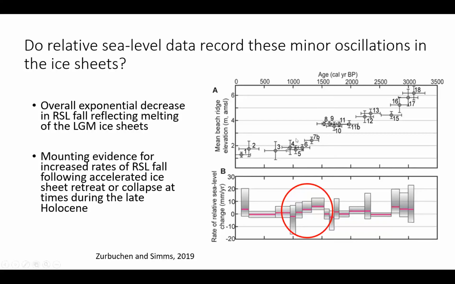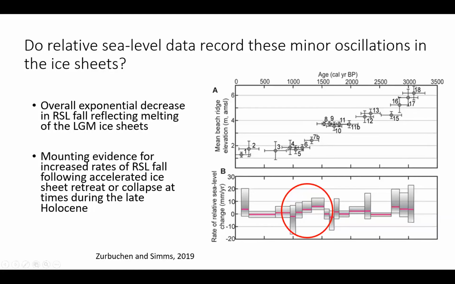But because Antarctica contained ice, as that ice melted, it rebounded quicker than sea level globally rose. As a result, we generally get the curve shown here on the upper right, which is an exponential decrease in sea level fall throughout the Holocene.